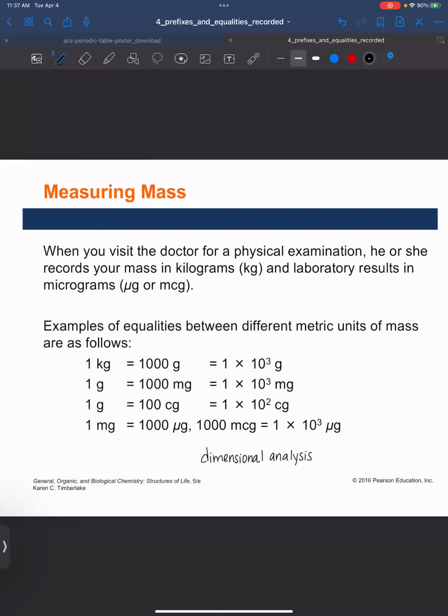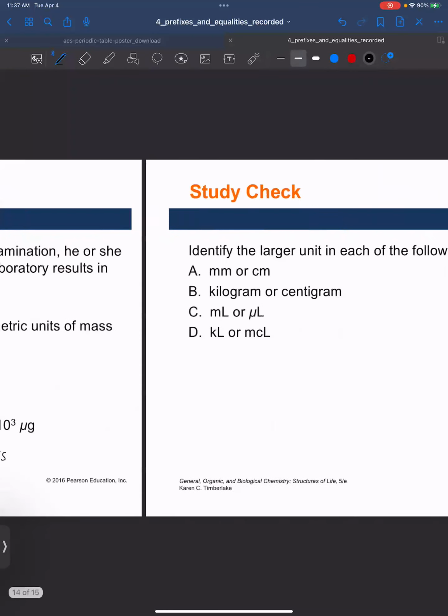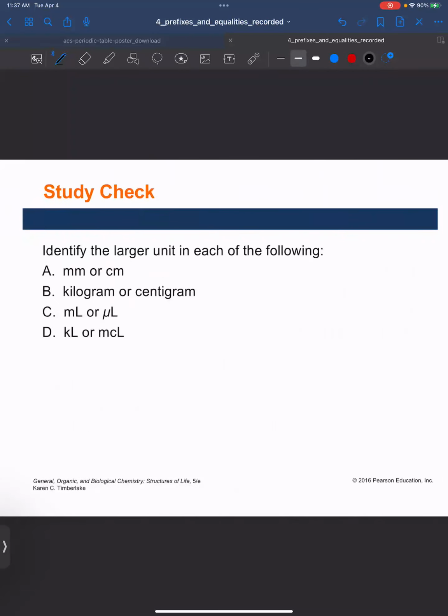But for right now, I want you to begin studying those tables that we looked at earlier and feel more comfortable with what each prefix represents as a numerical value. So let's practice. Please pause the video and come back and check your work with me.